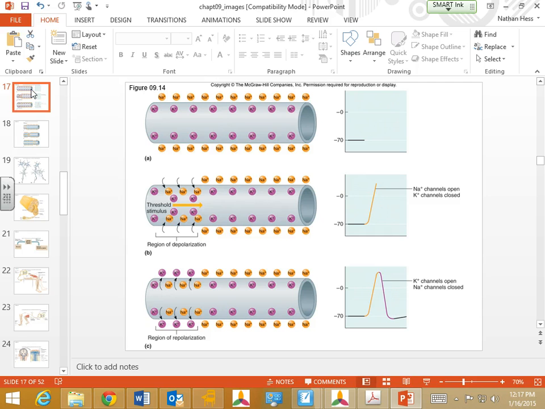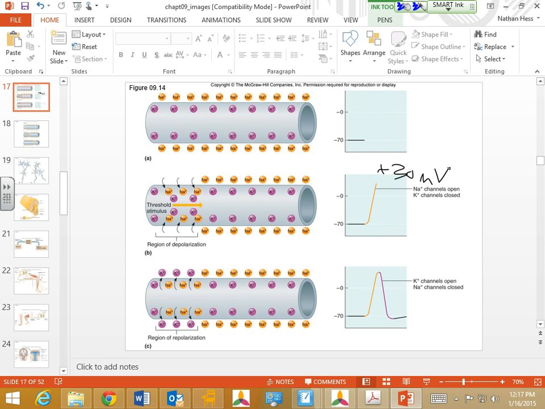Okay? So it depolarizes all the way up to, what did we say? It was plus 30, wasn't it? That's as positive as it gets. So many of those positives come in that it overwhelms the negatives. But then, very quickly, the pumps reset, right? It pushes that sodium back out, and now you're back to your resting potential.